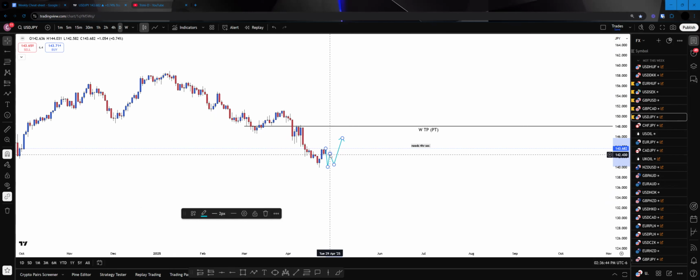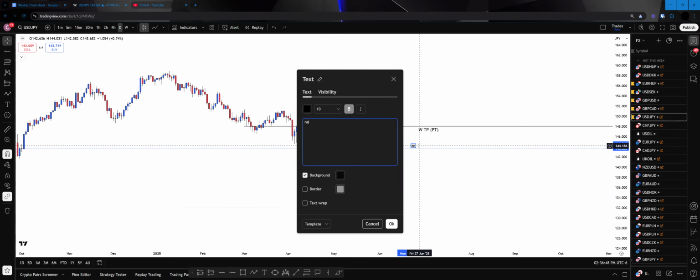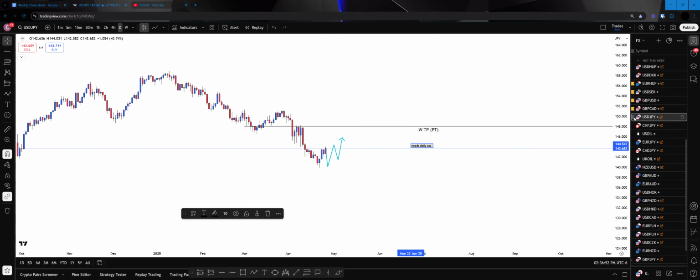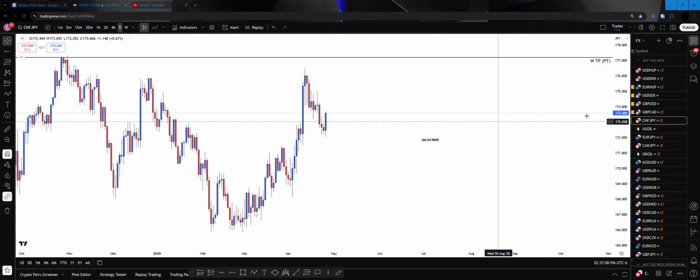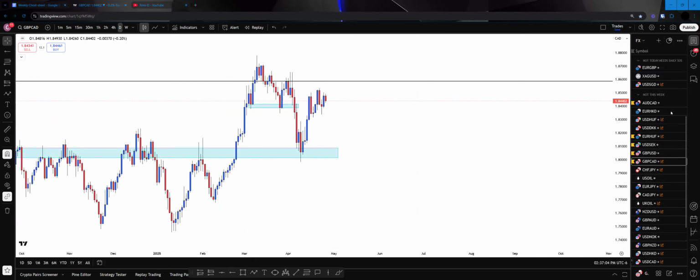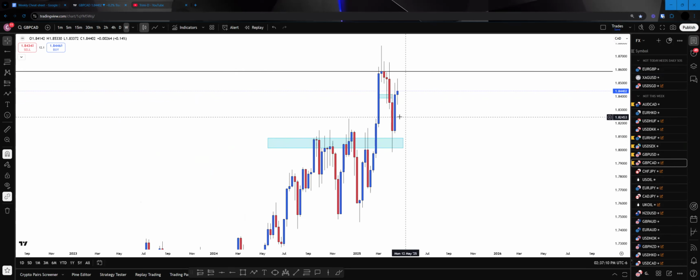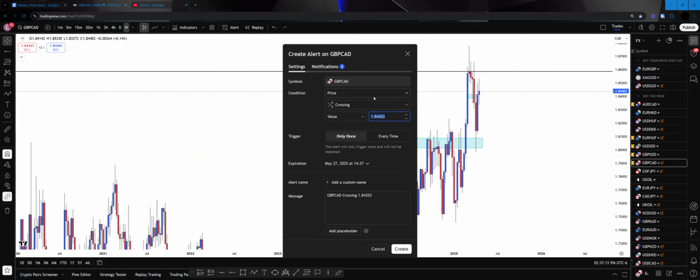If we break the low, break the high, that's probably not going to happen. It didn't pull back to a weekly area of interest.